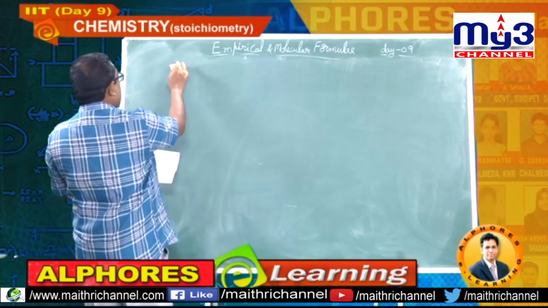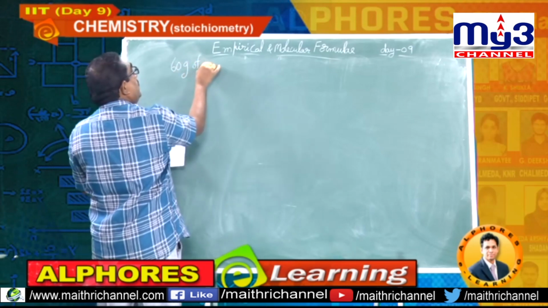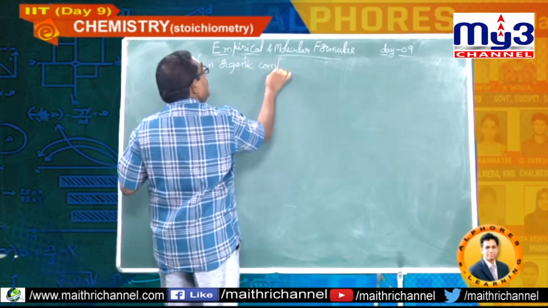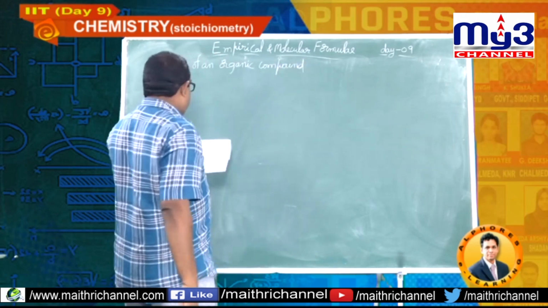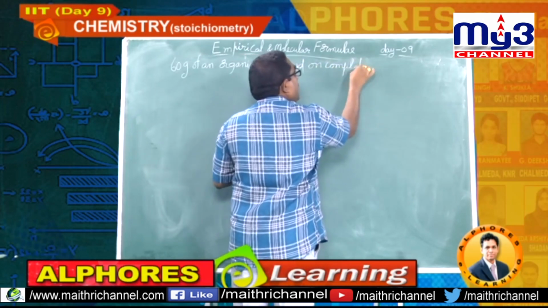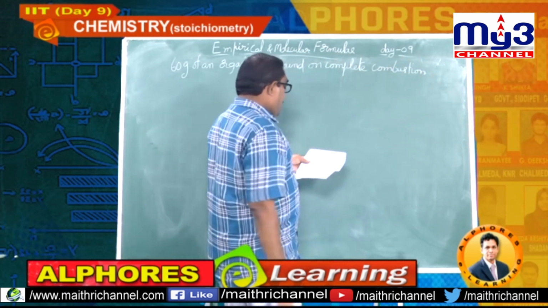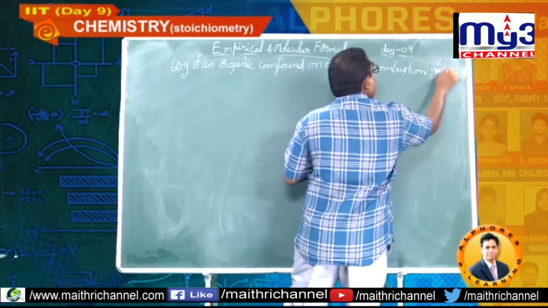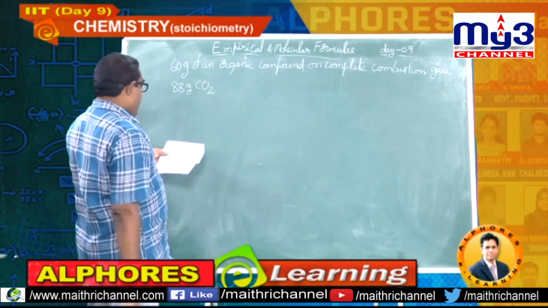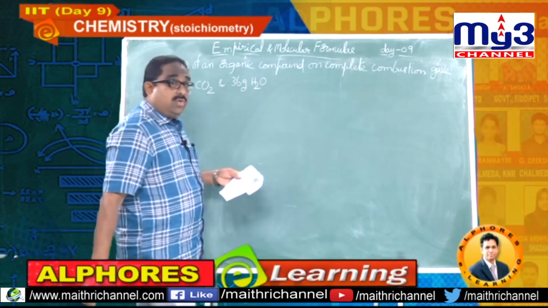Write down, students, along with me the question. 60 grams of an organic compound, on complete combustion gave 88 grams carbon dioxide and 36 grams H2O.